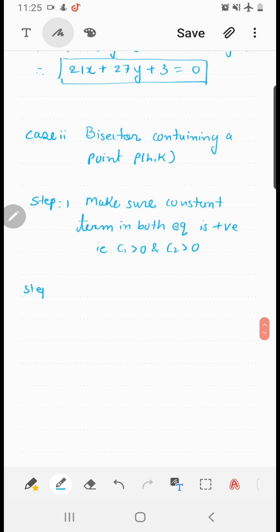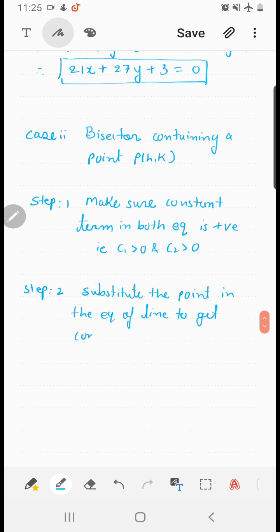Then we move to the second step, where after making the constant terms positive, we substitute the point in the equation of the line to get the constant.